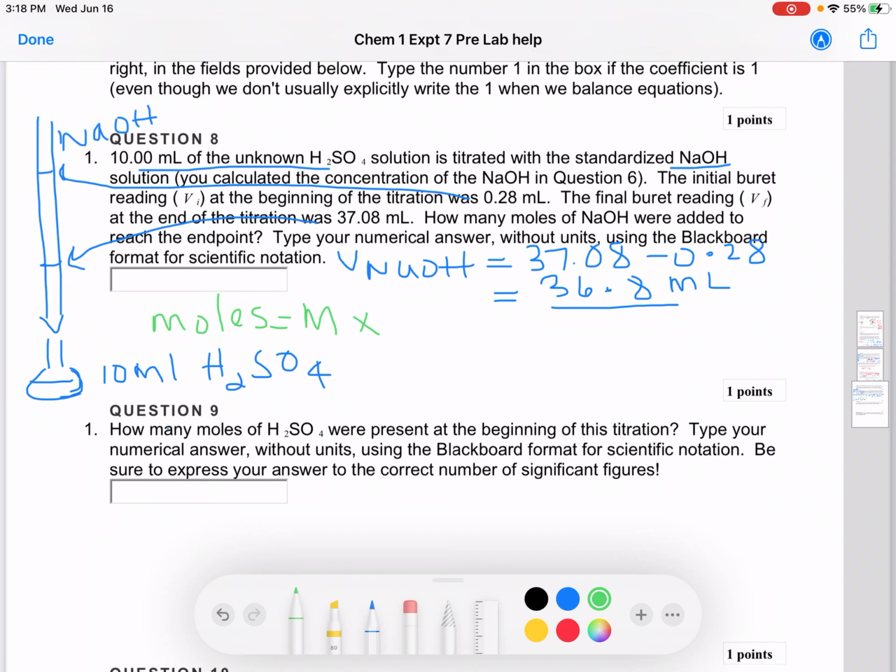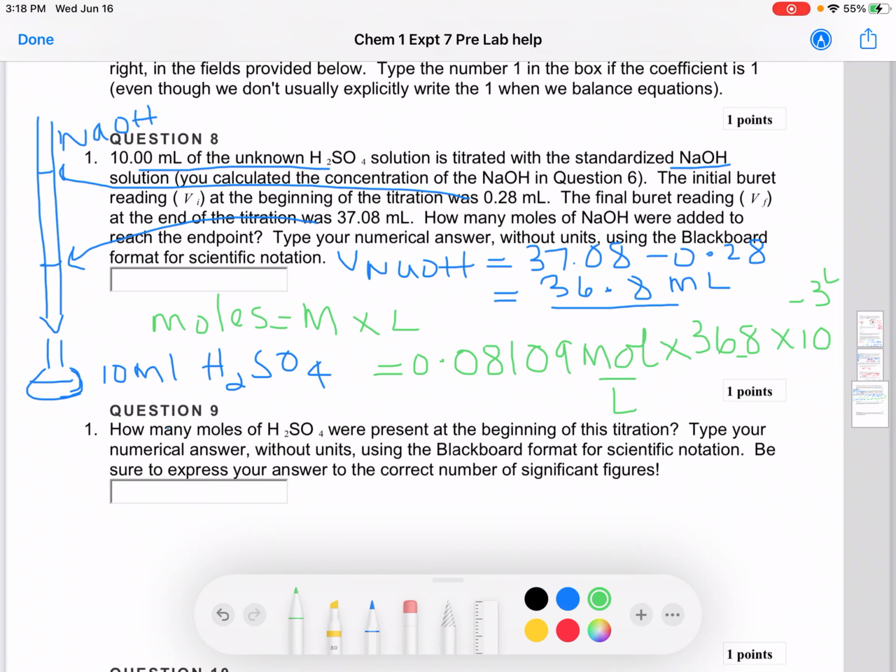Molarity is given as moles per volume in liters, and 36.8 is in milliliters, so you need to convert it to liters, times 10 to the negative 3. So you multiply 36.8 times 10 to the negative 3 times 0.08109.